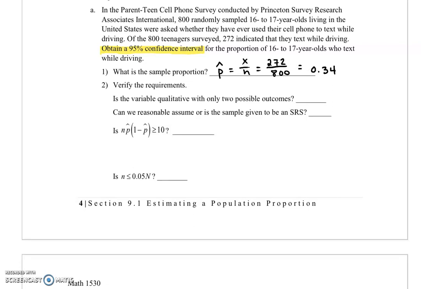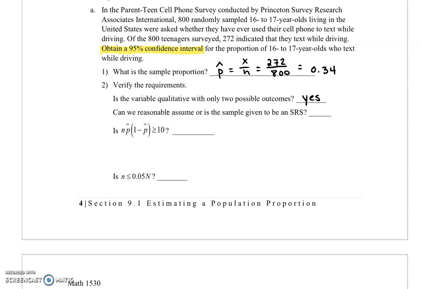Now we need to verify that those four requirements are met. Is the variable qualitative with only two possible outcomes? Yes. What are the two outcomes? Either they do text while they drive, or they do not text while they drive.